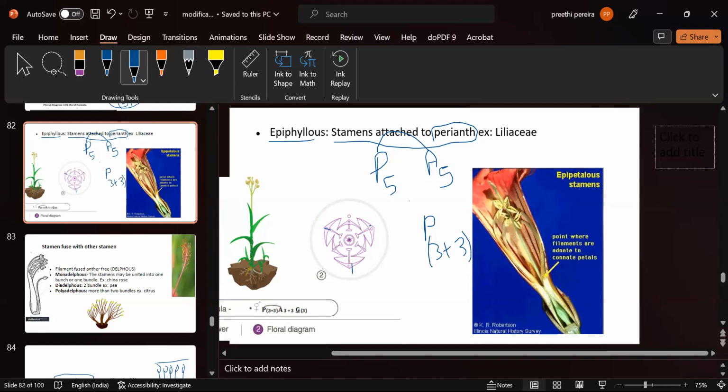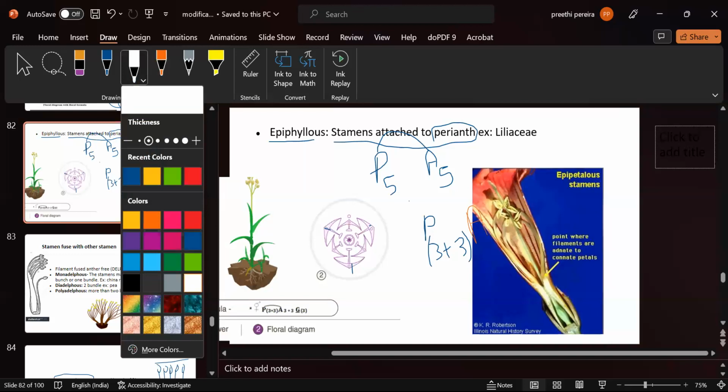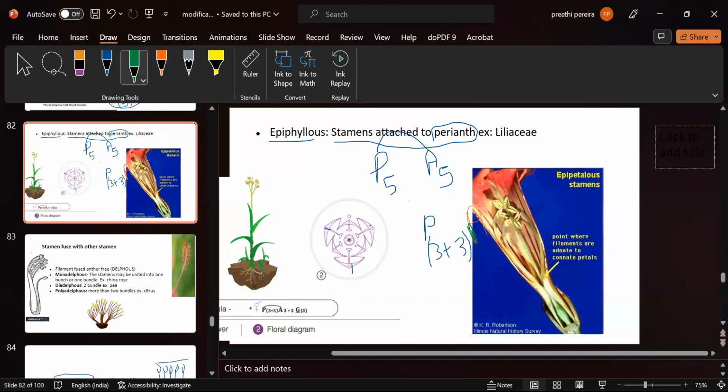So fusion has happened. How many androecium are there? 1, 2, 3, 4, 5, 6. 6 androecium are there. So I'll just change the color. So we will write androecium.